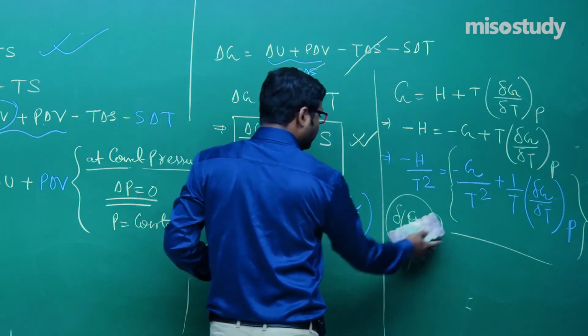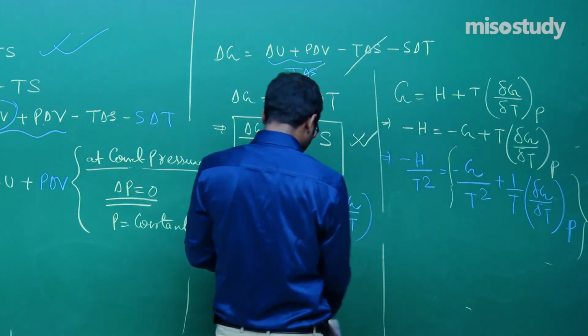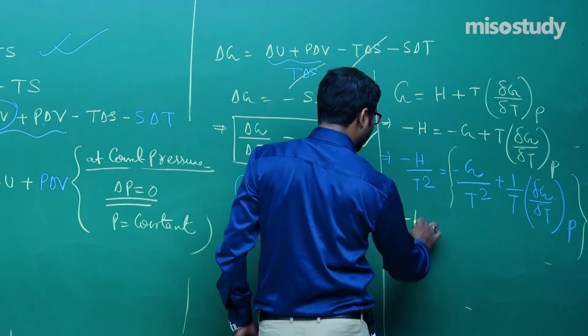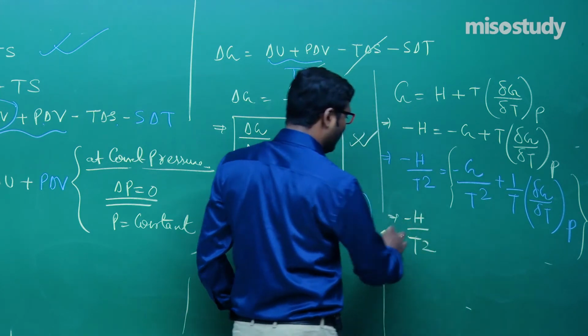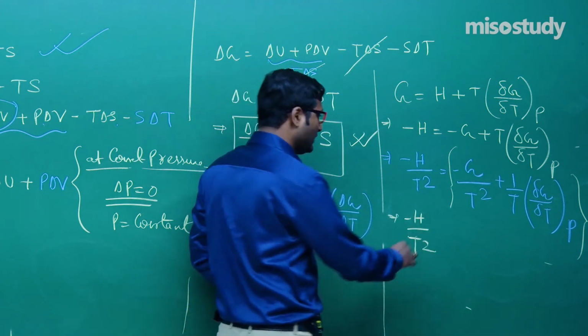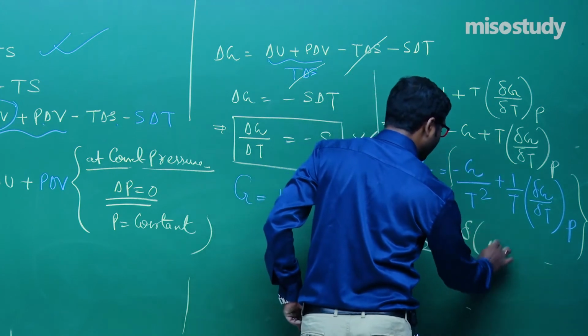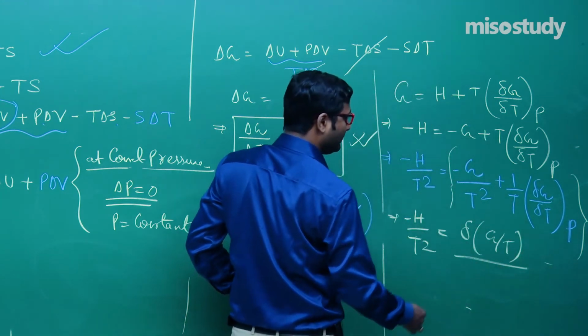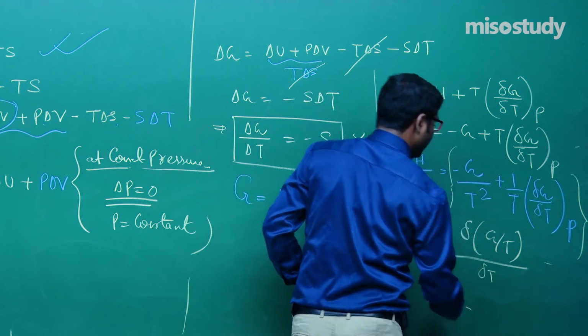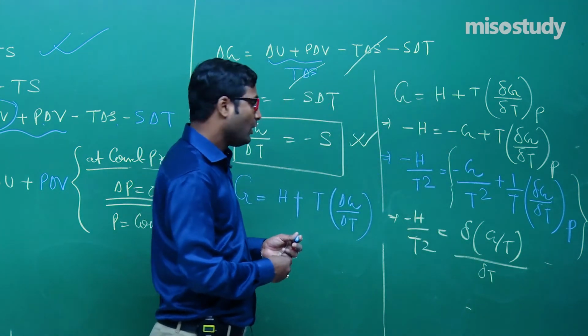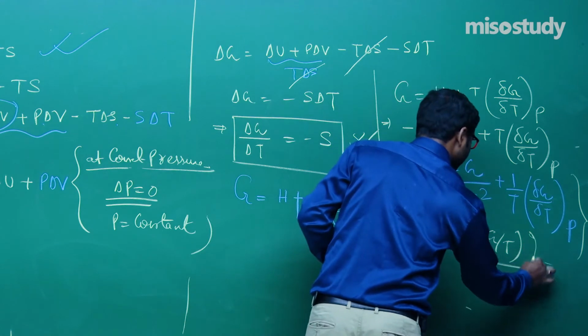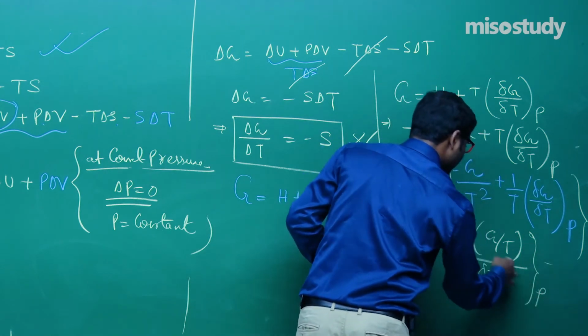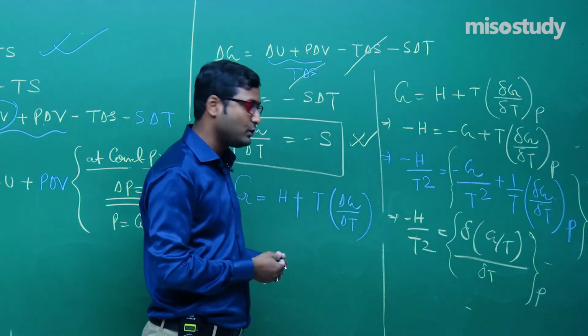So by using the mathematical technique, we can write directly: minus H upon T square is equal to delta (G upon T) divided by delta T. Clear to you? This is the differentiation of U by V.